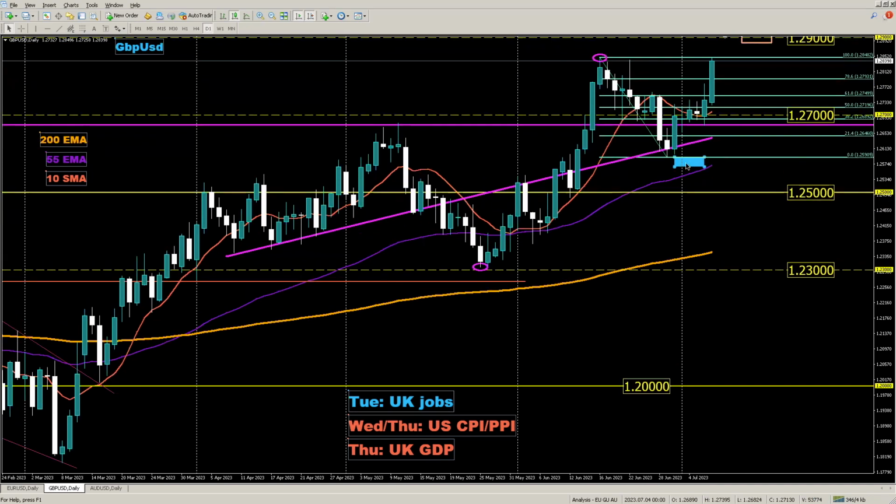So let's use this as a reversal setup, and support is at this level at the 38 fib retracement and the support level here now.